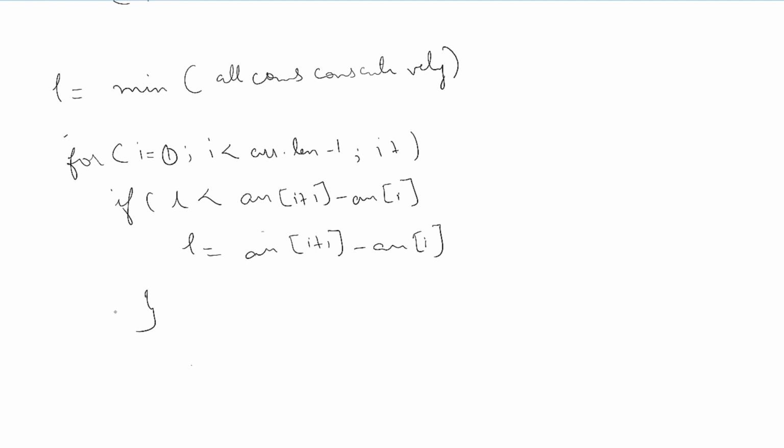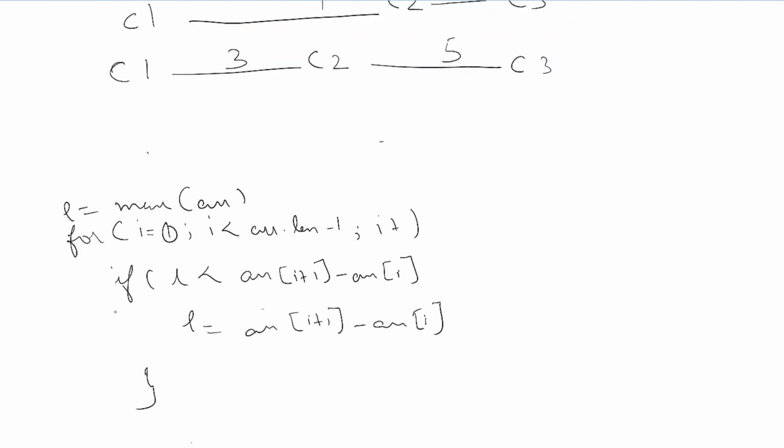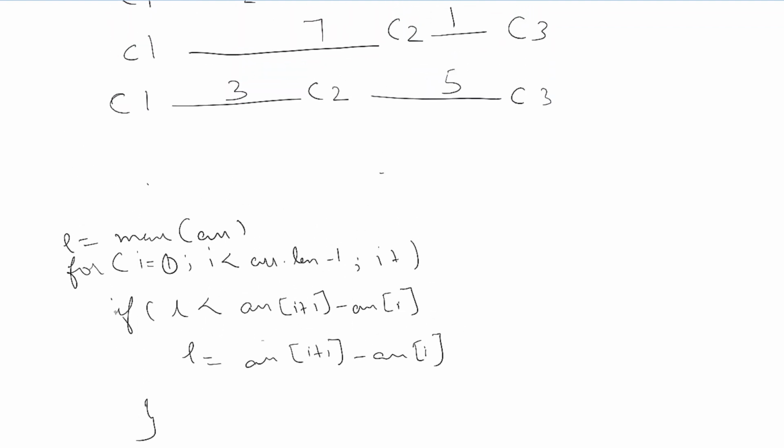Initially, L will be max of arr. After this for loop, L will be the minimum distance when cows are assigned consecutively.